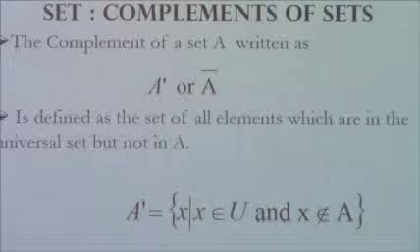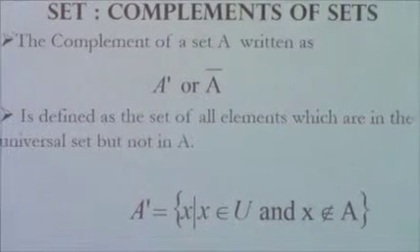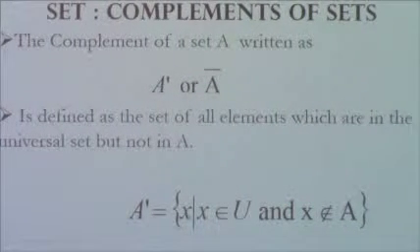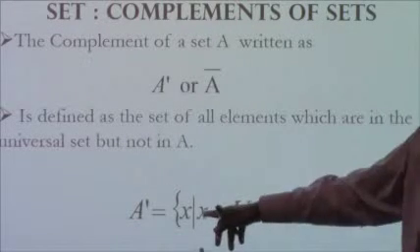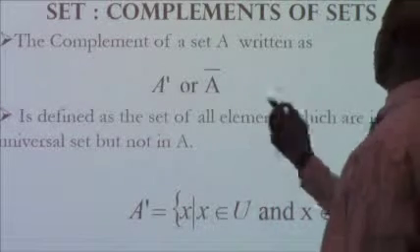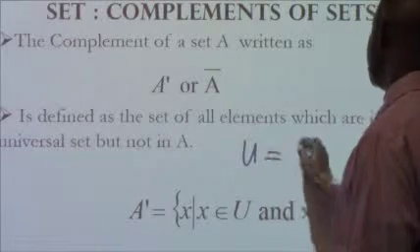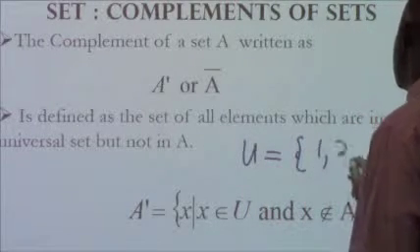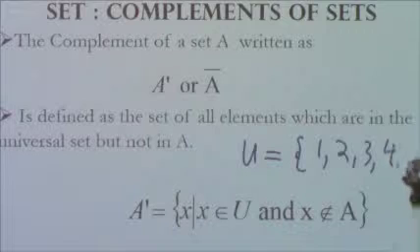Then we have the concept of complement. When we talk about a complement, we go back to the universal set. The universal set is something like a universe, and the complement of A will be those elements which are in the universal set but are not in A. X is such that X belongs to the universal set, but X does not belong to A. For example, say I have a universal set 1, 2, 3, 4, 5.